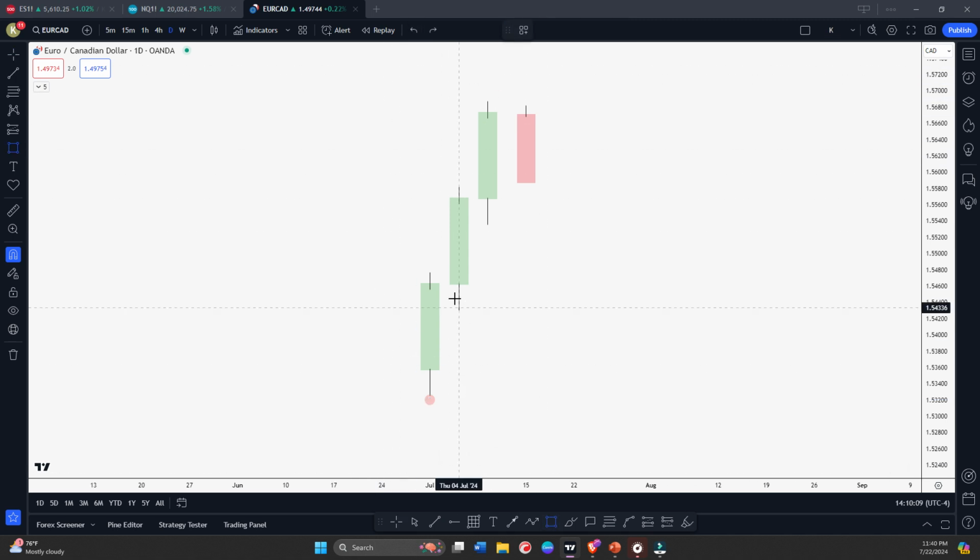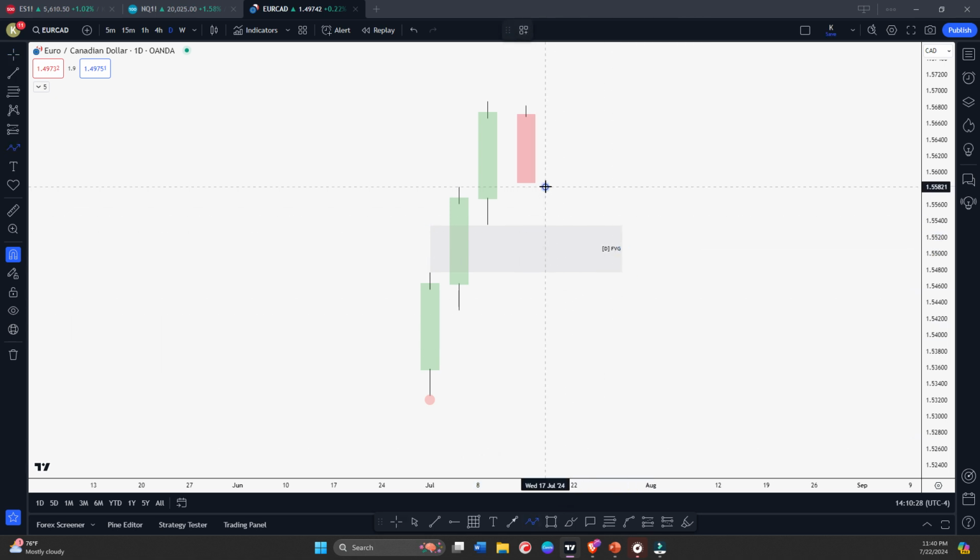And here you can spot we have formed this fair value gap. Let's say this is a daily bullish fair value gap. So here we have this fair value gap as an internal range liquidity, right?